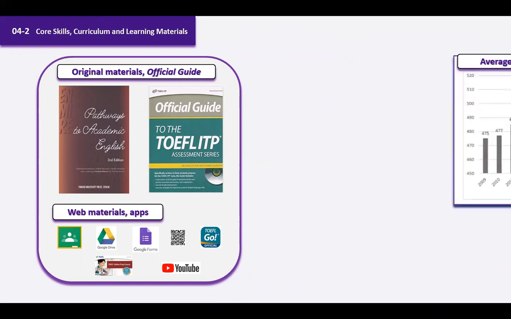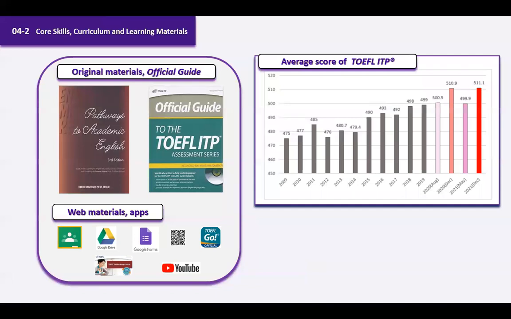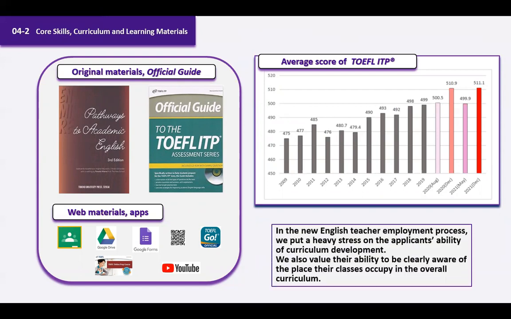And as the graph on the right shows, the average TOEFL ITP score of our 2,400 first-year students continues to rise each year. And in the new English teacher employment process, we put heavy stress on the applicant's ability for curriculum development. And we value the ability of newly hired faculty to be clearly aware of the place their classes occupy in the overall curriculum.